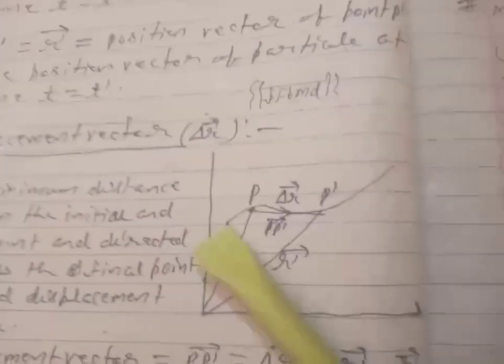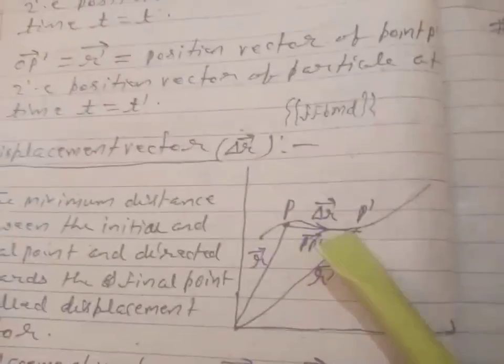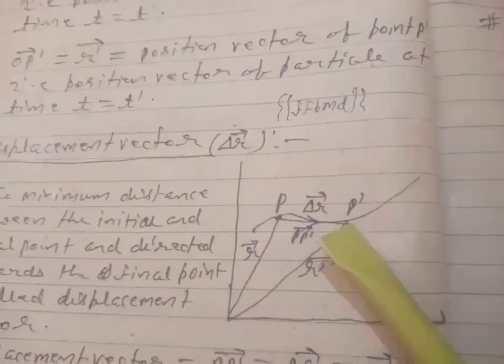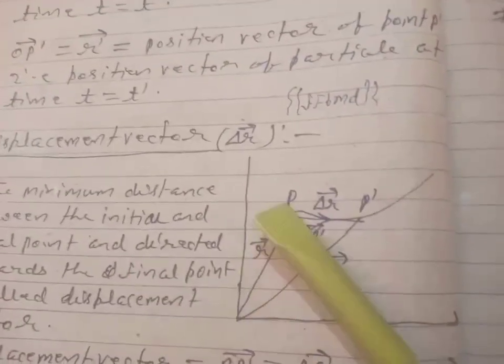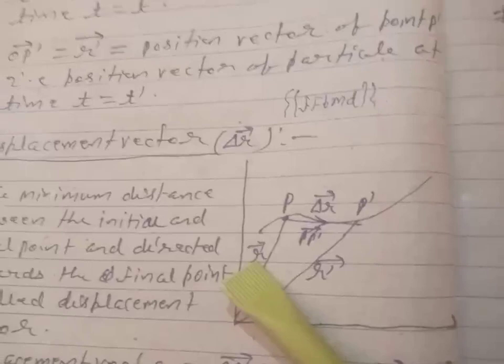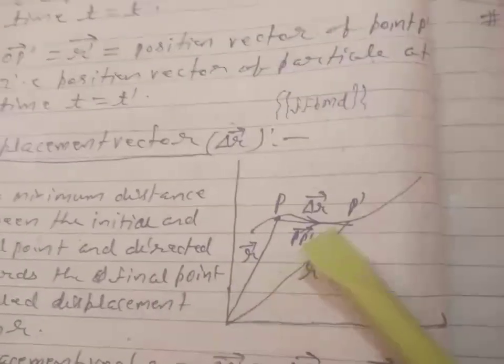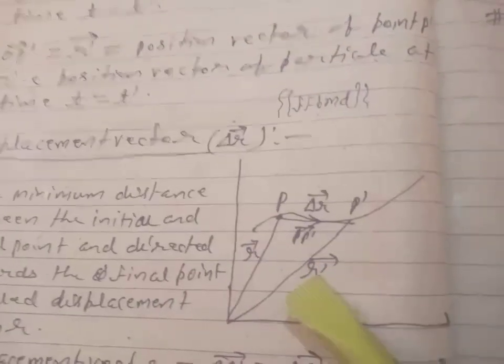Here consider a point displaced from P to P dash. Its initial position vector is the OP vector, written as the r vector, and the final position vector is the r dash vector.